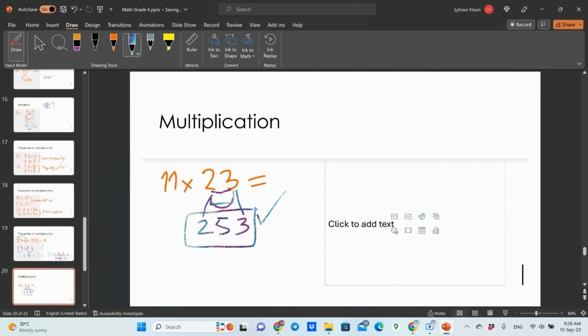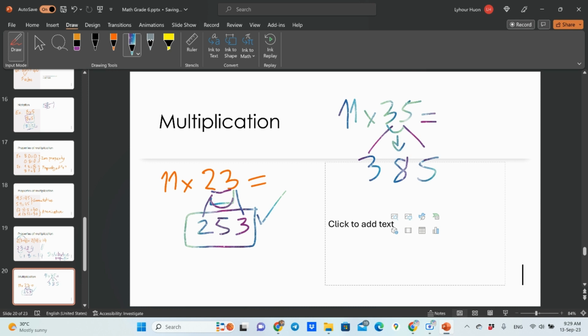But sometimes you need to carry. Let's give another example: 11 times 35. What is the result? We put 3 and 5 at the sides, and adding them together, the middle is 8, so it's 385.